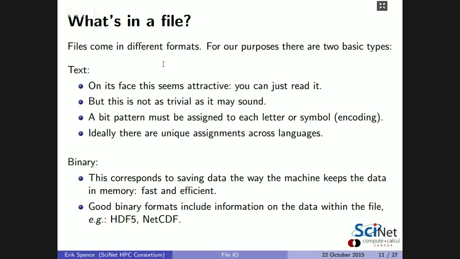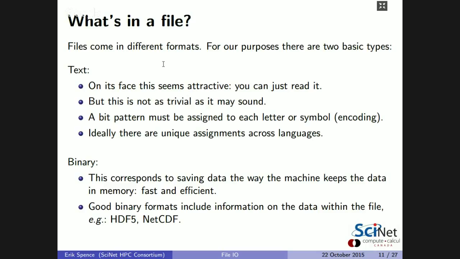This is in contrast to binary. Binary is the alternative to text. There are others, we're not going to go into them. For our purposes, let's pretend there are only two types of files, text and binary. Binary means we're going to dump the data to the file exactly the way the machine sees it when it's in memory. I'm going to take what's in memory, just drop it to the file. Boom.